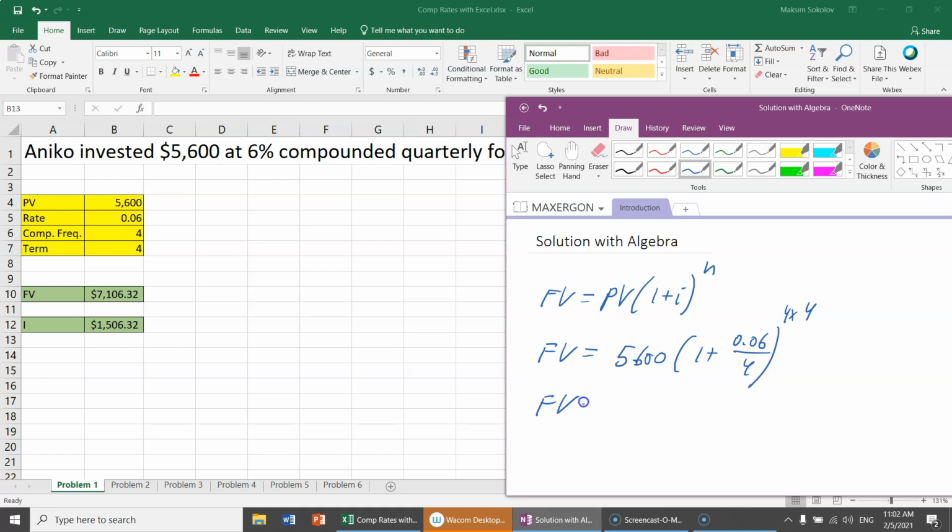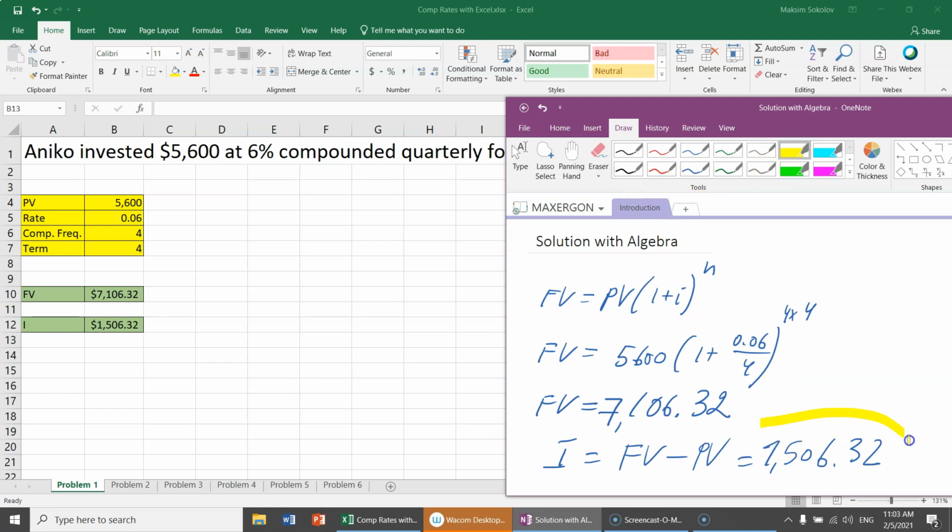If we now compute it with a calculator, we'll find 7,106.32. Interest is found as future value minus present value, which will give us $1,506.32. Of course, we received the same result as with Excel.